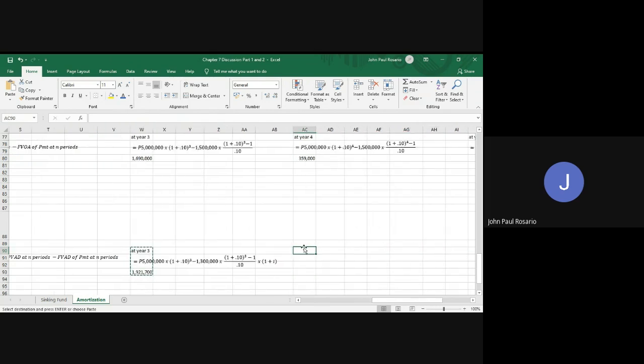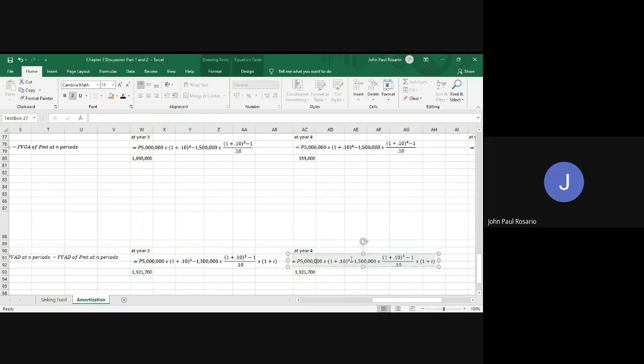Try year 4. Okay, and put the same values.